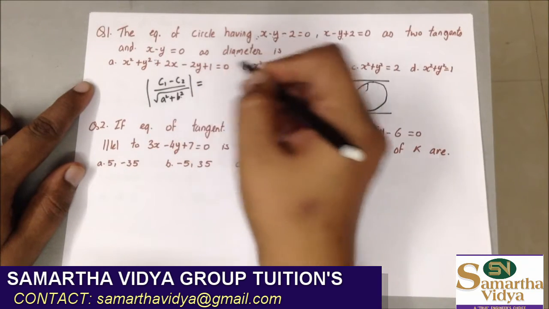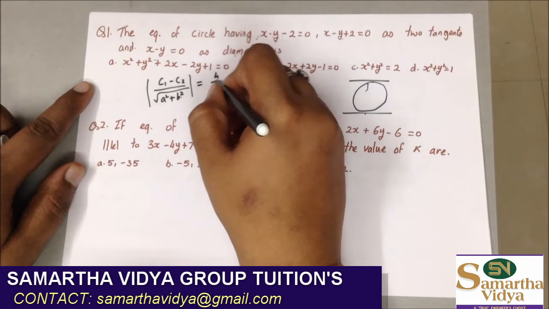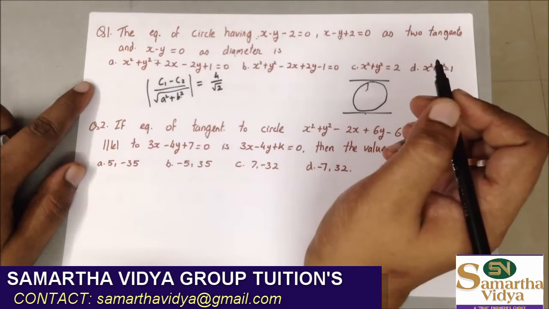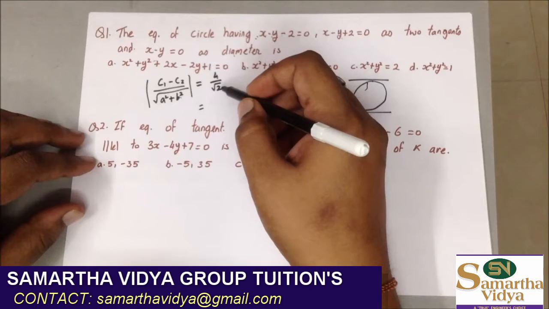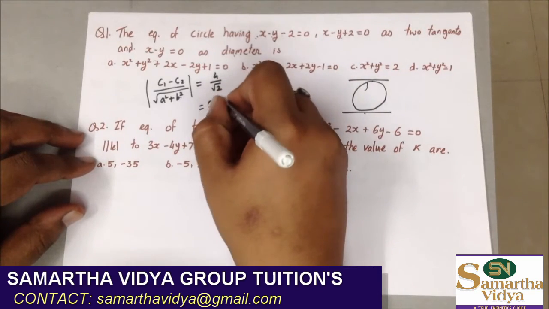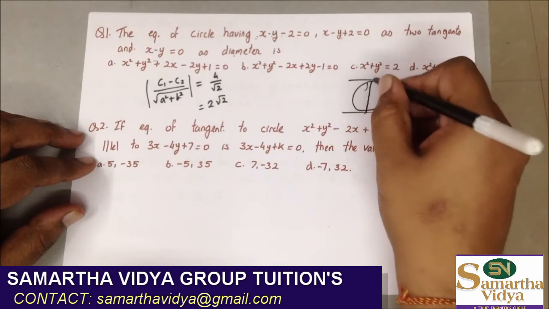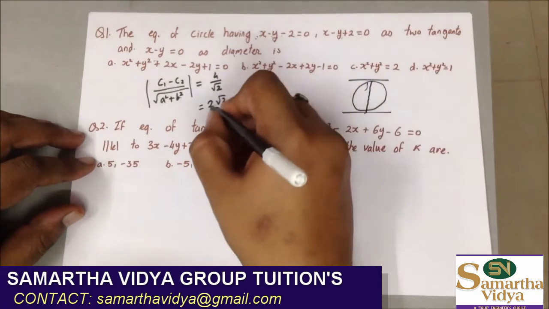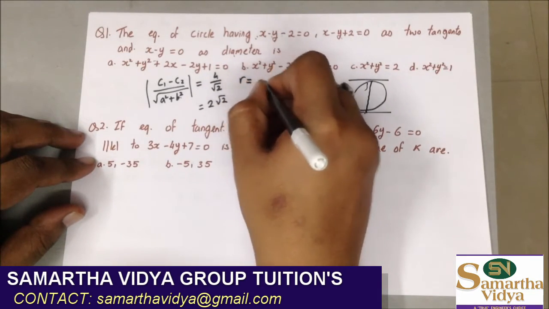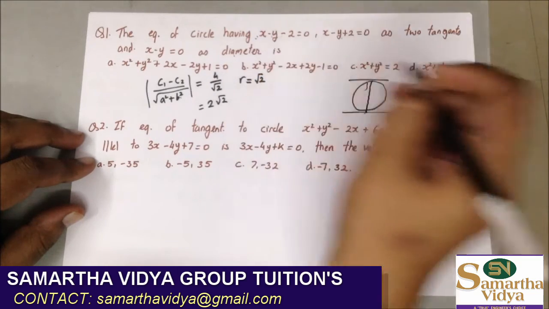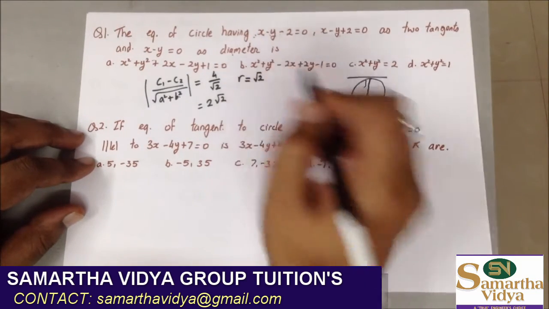So if I just substitute the values, I'll be getting this as 4 by root 2, which is nothing but 2 root 2. So this is nothing but the diameter, because this is the distance between these two lines. So the radius is equal to root 2. So we are getting the radius as root 2.